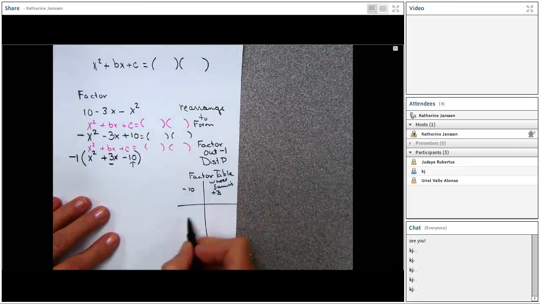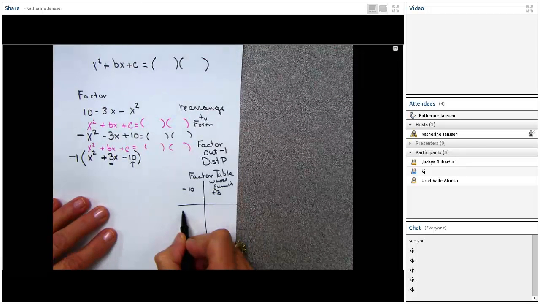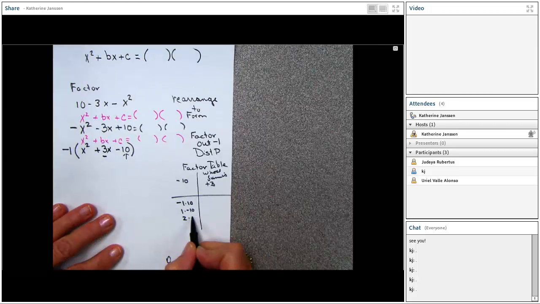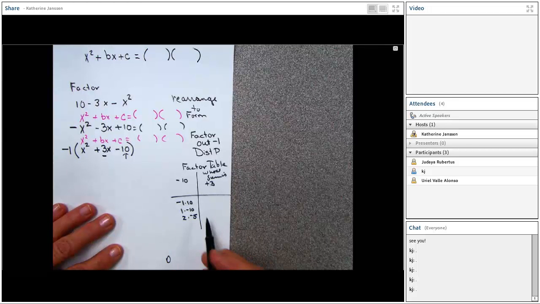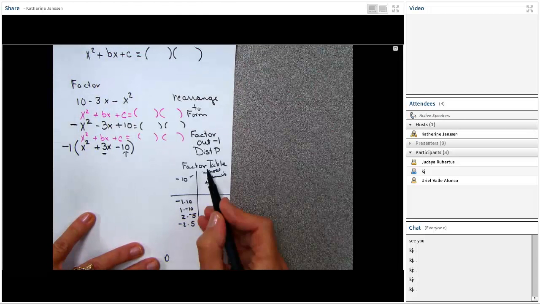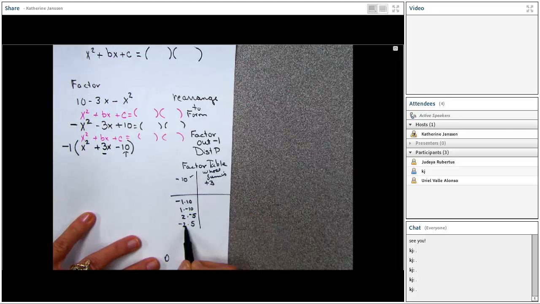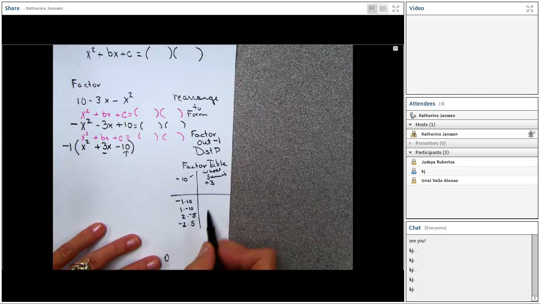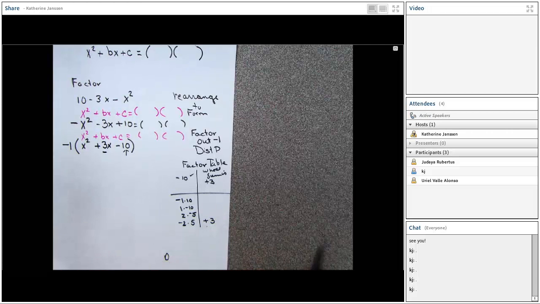So looking at my factor pairs, I'd have a negative 1 times 10, 1 times a negative 10, 2 times a negative 5, a negative 2 times 5. Negative 2 times 5 is a negative 10. I can cross that off. And if I add a negative 2 plus 5, that is the pattern for the sum of the factor pairs to equal positive 3.